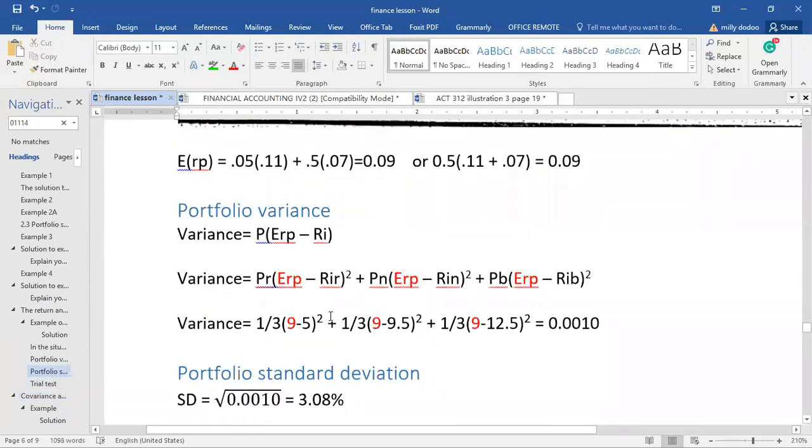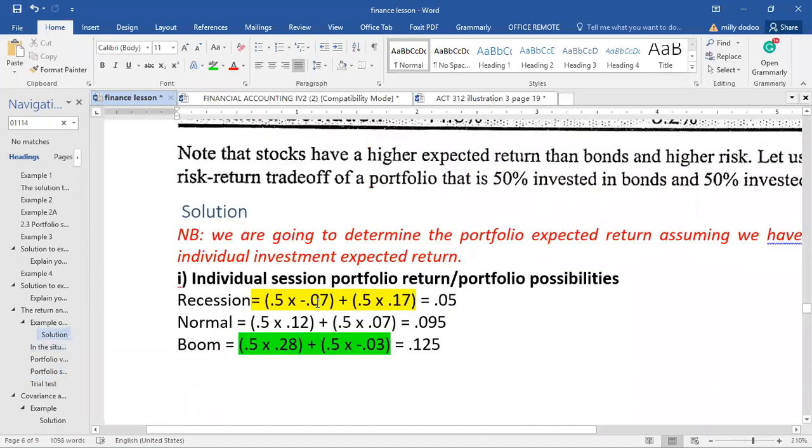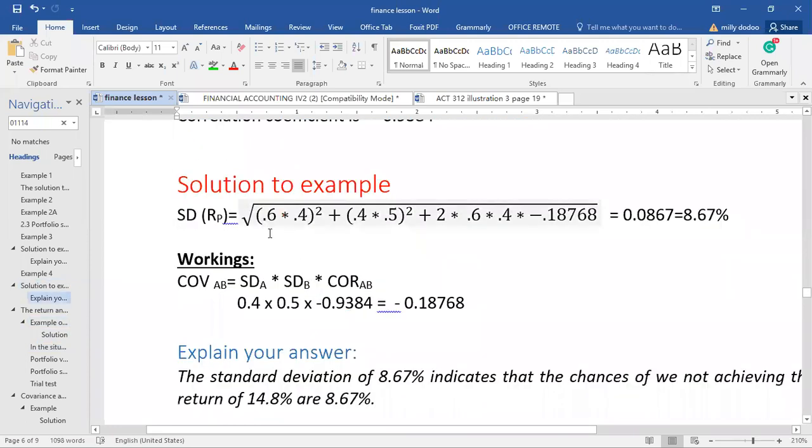For example, if I'm solving for this question, it means that I will solve for 6 multiplied by 4 raised to the power 2. I'll get an answer, I place it here. 4 multiplied by 5 raised to the power 2, I get an answer, I place it here. 2 multiplied by 6 multiplied by 4 multiplied by 18, negative 0.18768.